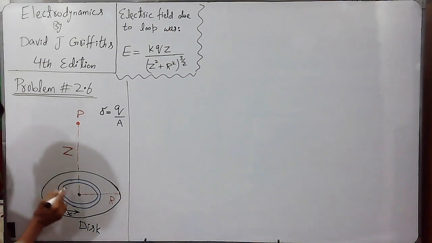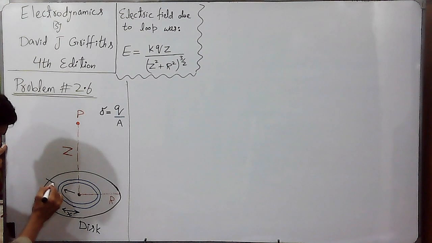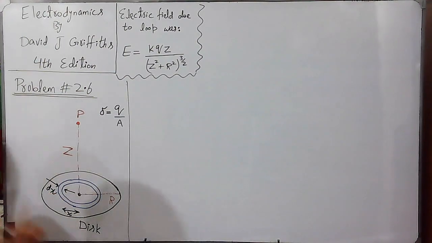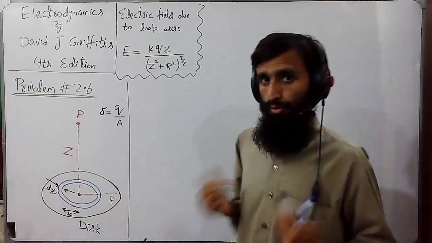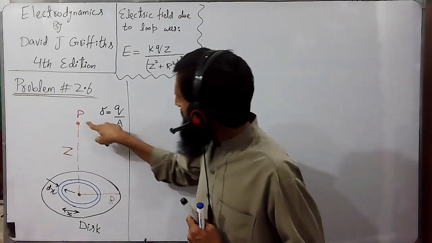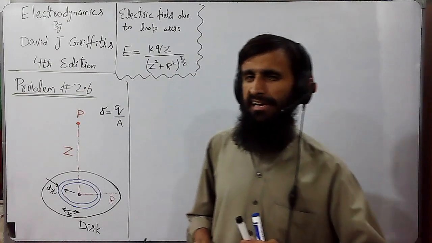And this is the width of that loop, and this width is taken as dx.